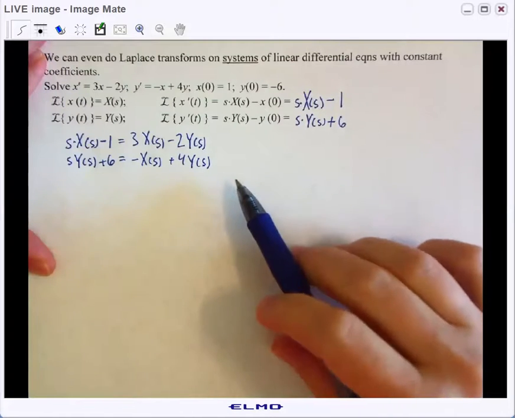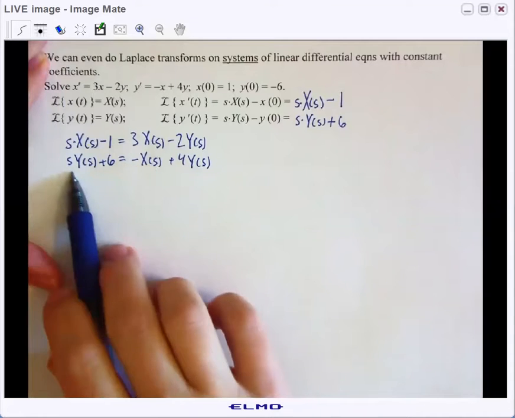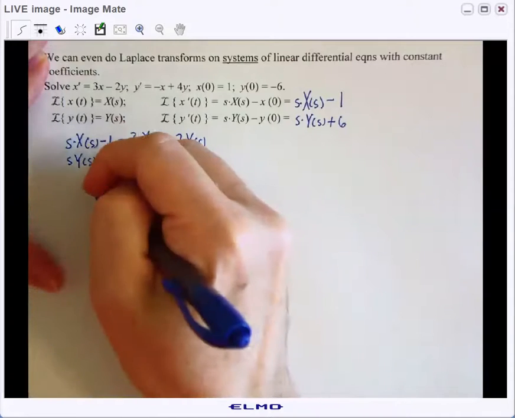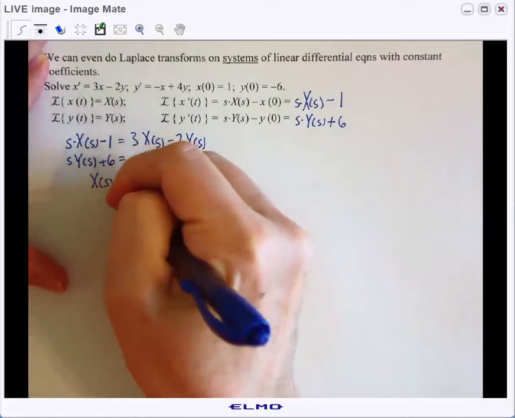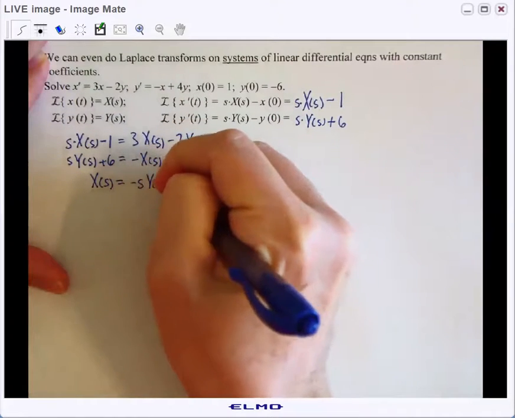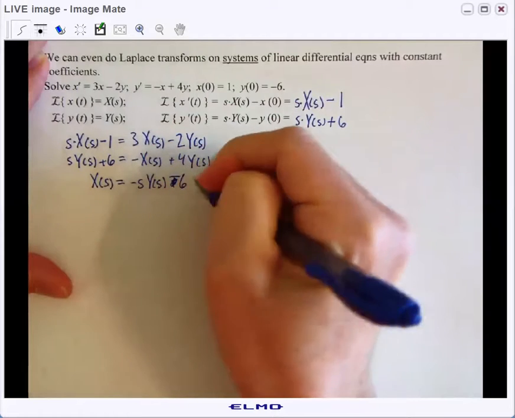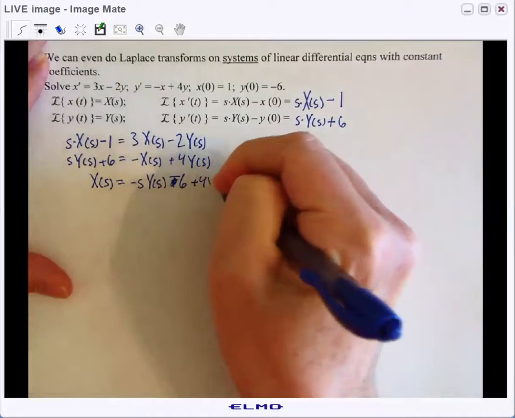I'm going to go ahead and choose X of s. So if I move this to the other side and these guys over here, I'll get X of s equals negative s Y of s minus 6 plus 4 Y of s.